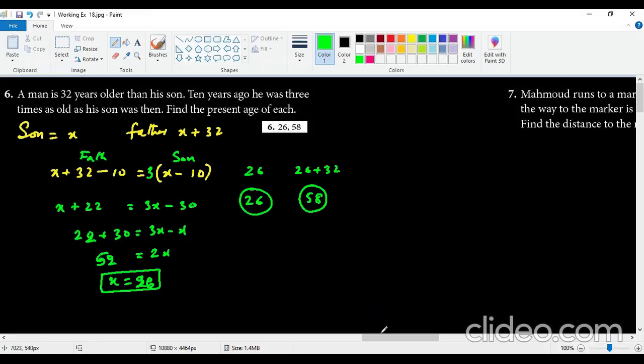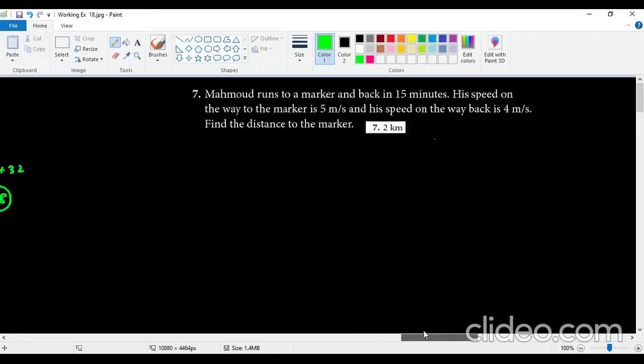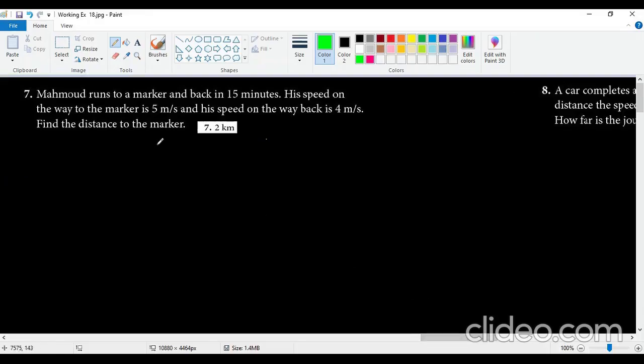Moving on to the next question, which is question number 7. Now, for question number 7, we call the whole distance d. The time we are talking about is 15 minutes, which is 900 seconds.